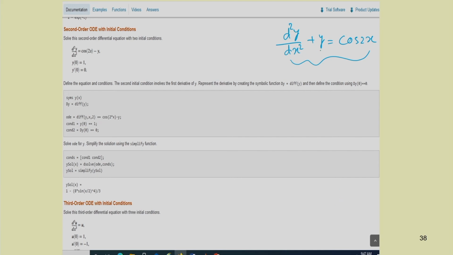First, by putting the right hand side equal to 0, you have the complementary function, where the coefficient of y equal to 1.